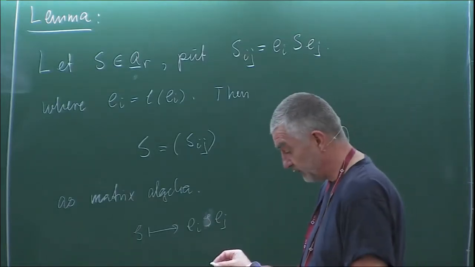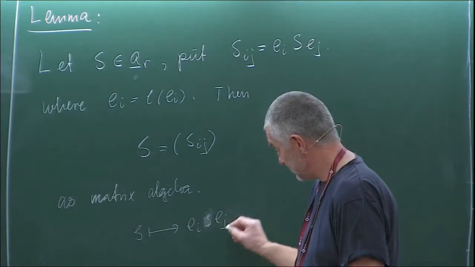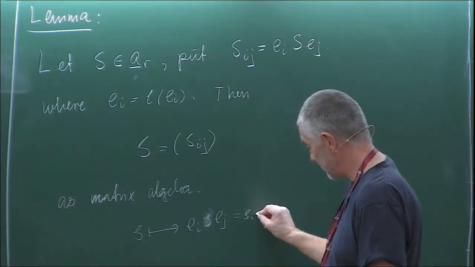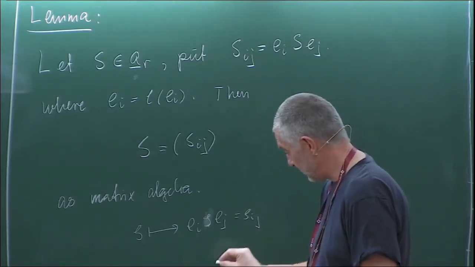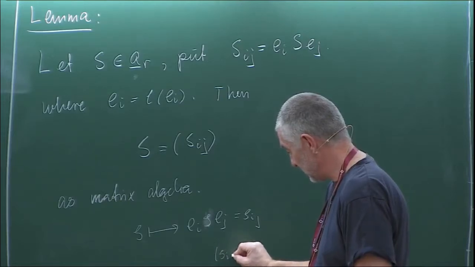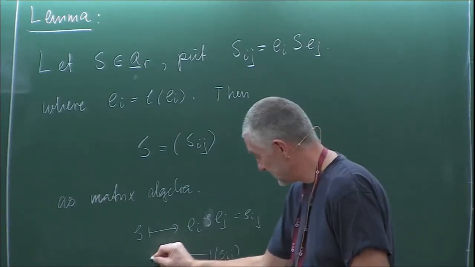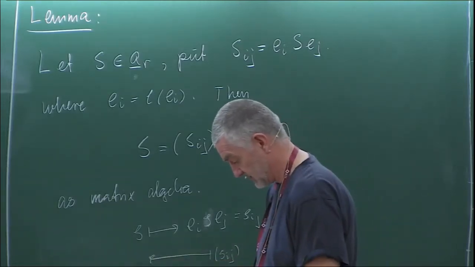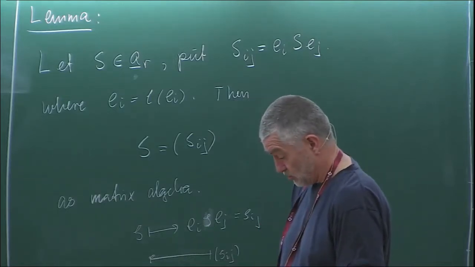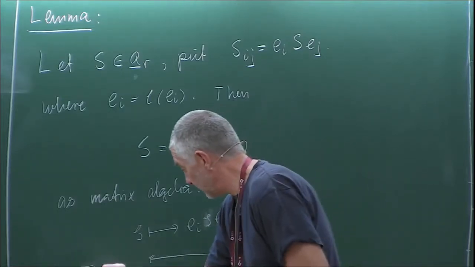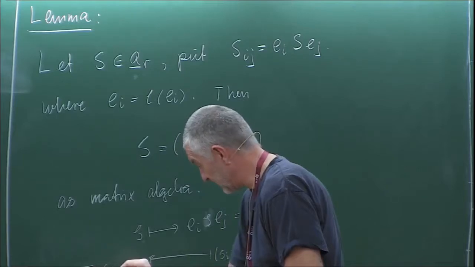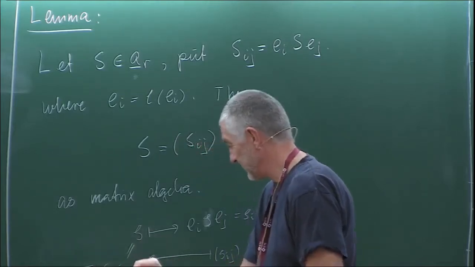And then I have an inverse, which is then small s_ij. And the inverse, of course, sends all these s_ij back to the sum of all the s_ij.